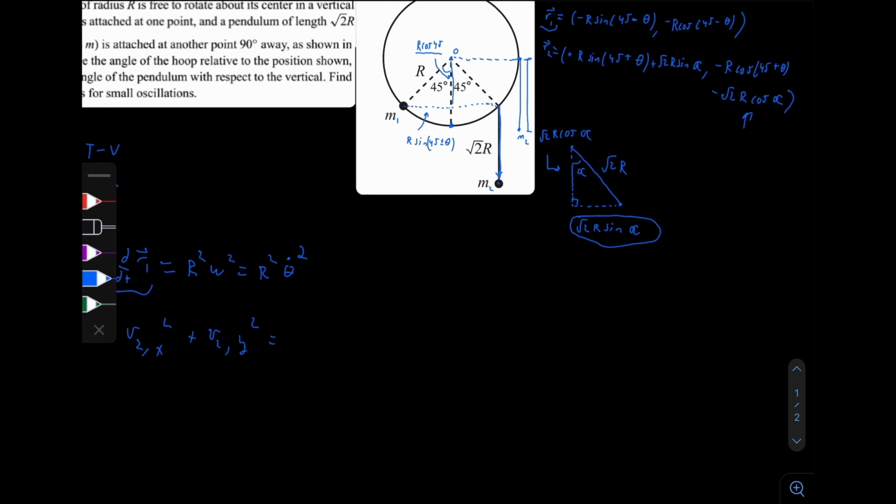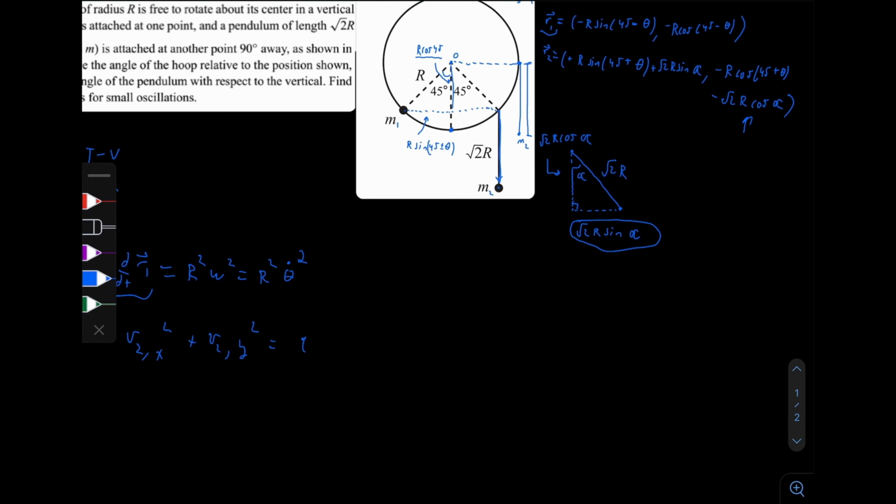So that's going to be equal to, let's look over here, r times cosine of 45 plus theta times theta dot, because of the chain rule, plus root 2 r cosine alpha times alpha dot, and that's going to be squared, plus, let's see, the derivative of cosine is negative sine, so it'll cancel with that minus sign, so we'll have r sine of 45 plus theta times theta dot.